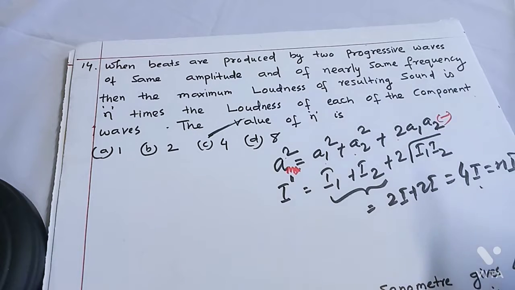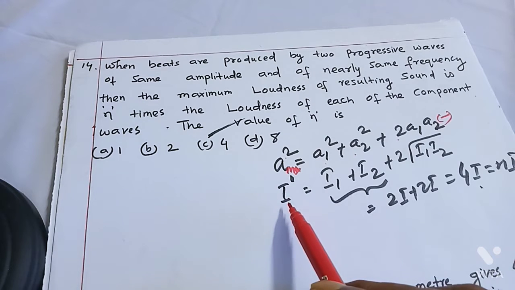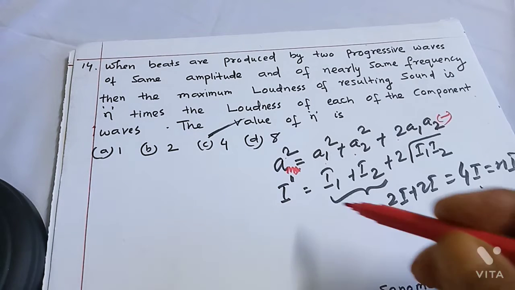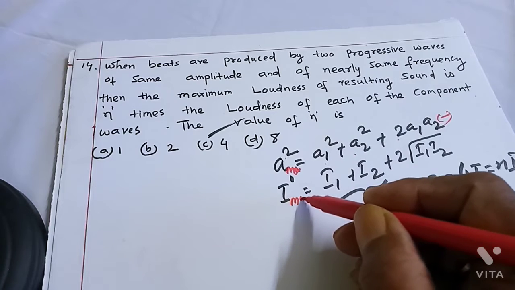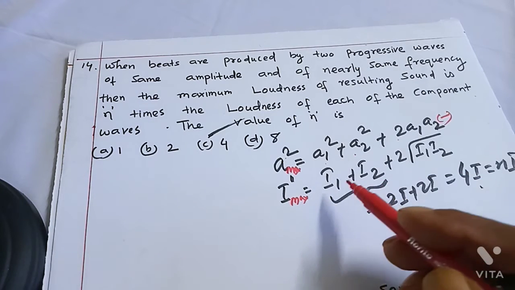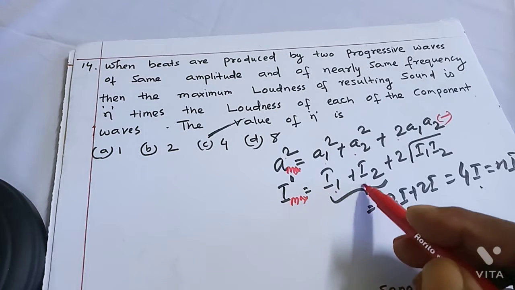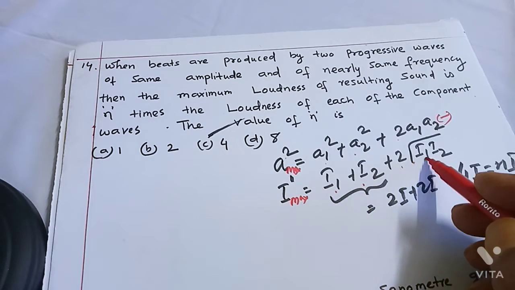Now we know loudness depends upon the intensity of the wave, and if I is the maximum intensity of the resulting wave due to superposition, then I maximum equals I1 plus I2 plus 2 root under I1 I2.